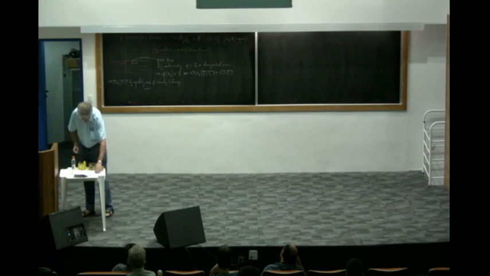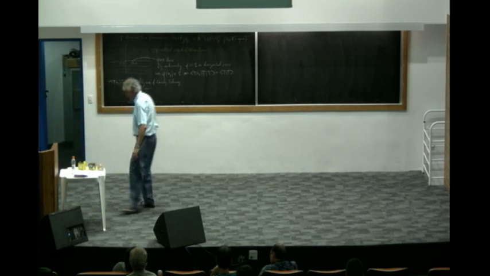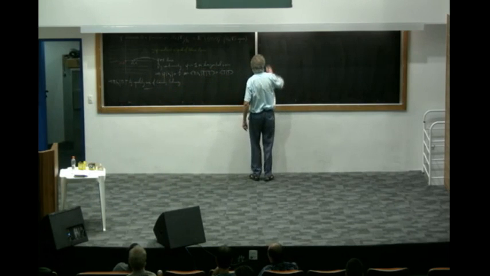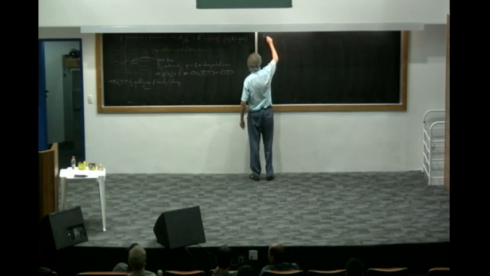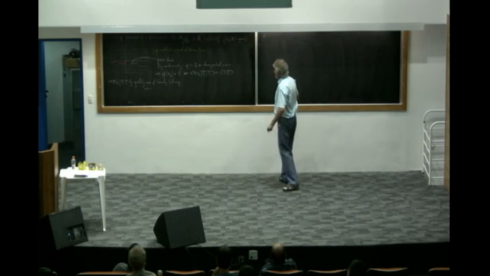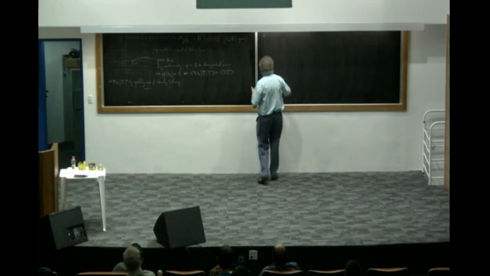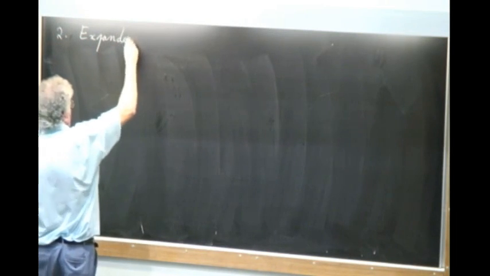So let me change a little bit the order of the presentation, and to address a question which was asked to me yesterday, let me talk immediately about one of the main applications of property T, and this is the construction of so-called expander graphs.